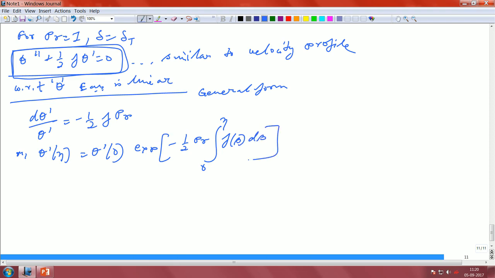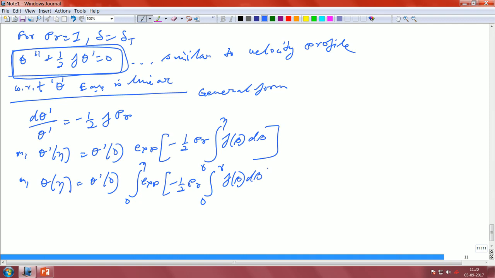So, beta is the dummy variable, or theta of eta is equal to theta prime 0. These are the dummy variables that we are integrating.